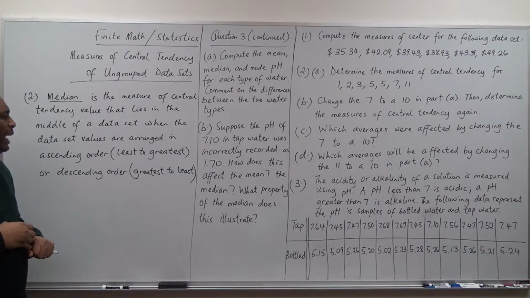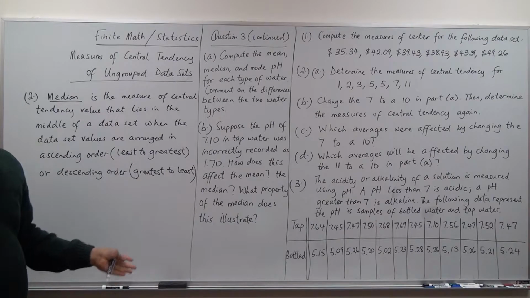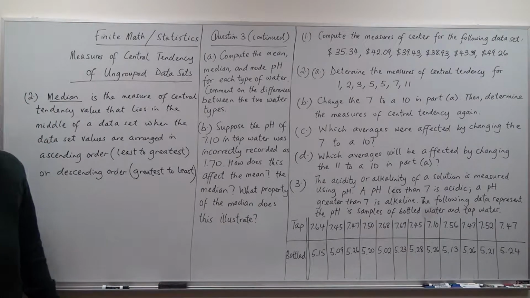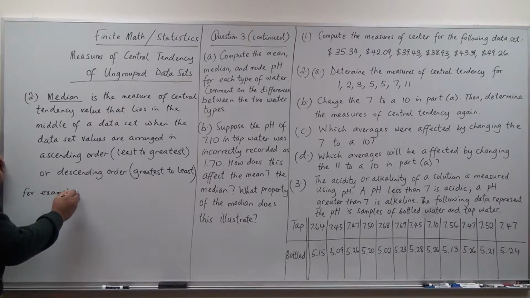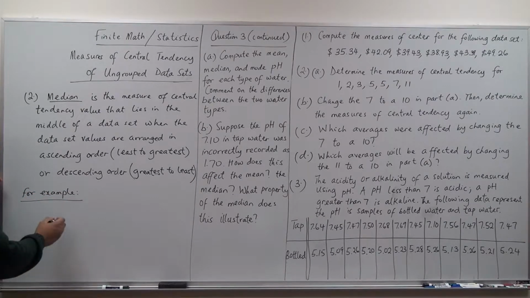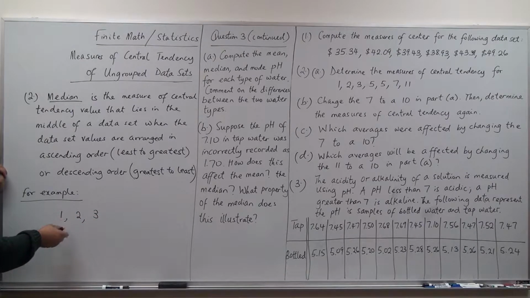Now, you ask yourself, when you have done that, how do you find the middle value, which gives you the median? Let's say we have this data set, 1, 2, and 3.